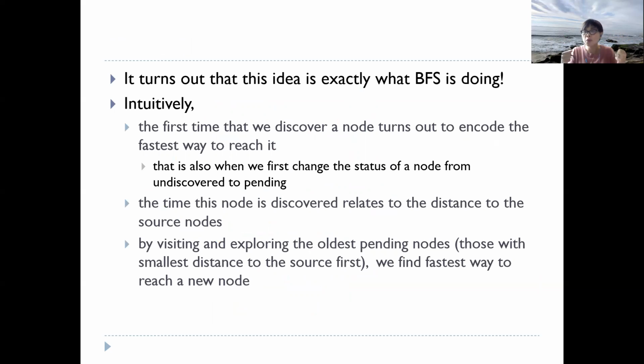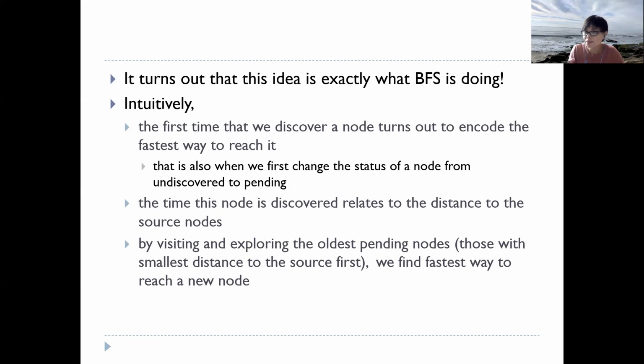Then we explore the oldest pending node first. So intuitively, the time that we discover a node, changing status from undiscovered to pending, relates to the fastest way to reach this node. And by exploring those oldest pending nodes first, that means we first explore those with the smallest distance to the source.